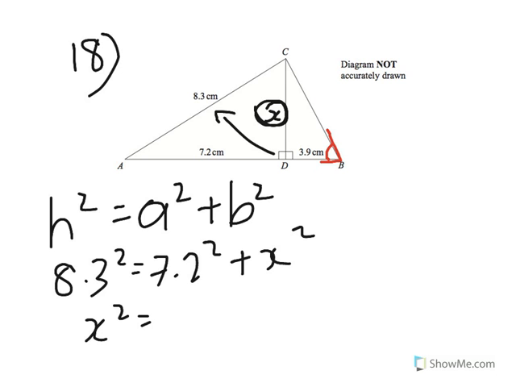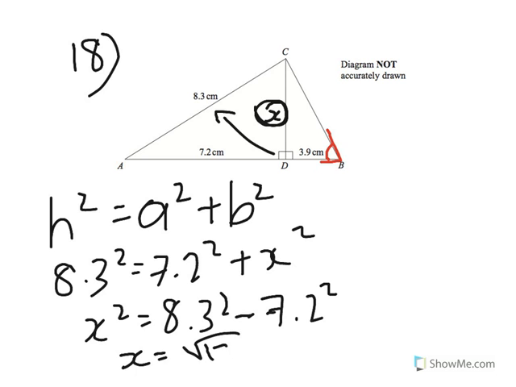So x squared is equal to 8.3 squared minus 7.2 squared. So x is equal to the square root of 8.3 squared minus 7.2 squared, the square root of 17.05.